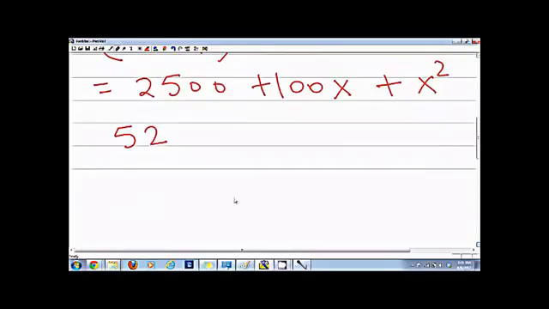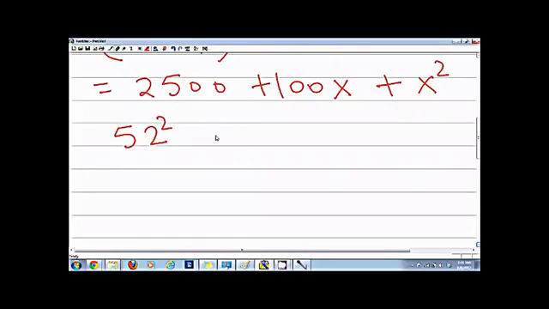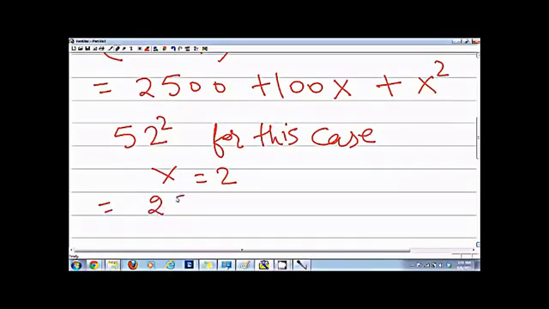So you can see that if I'm taking the square of 52, then x in this case is equal to 2, and if x is equal to 2, then you can go back to the equation and say 2500 plus 2 into 100 plus 2 square.